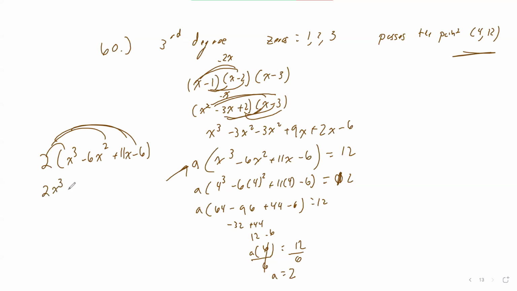So 2x cubed minus 12x squared plus 22x minus 12. And if you don't believe me, you can plug it in. So this would be 128 minus 192 plus 88 minus 12 ends up equaling 12.